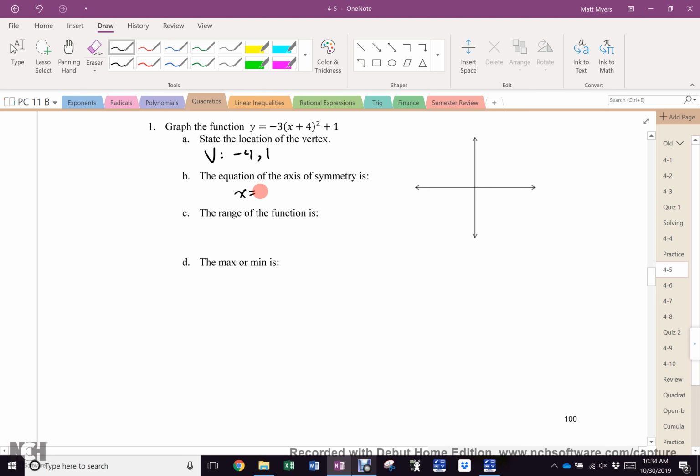So x equals -4. What is my range? Is this a happy or a sad parabola? Sad. It's going to go down. So my y's have to be less than or equal to what? 1. And is that a maximum or a minimum? It's a maximum at -4, 1.